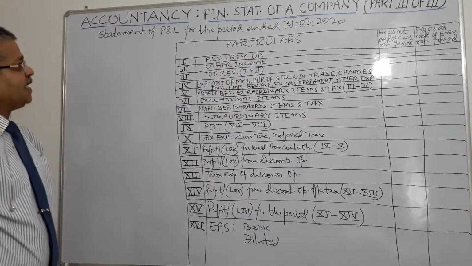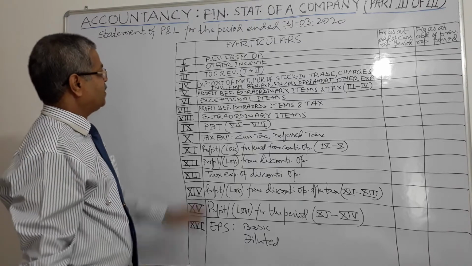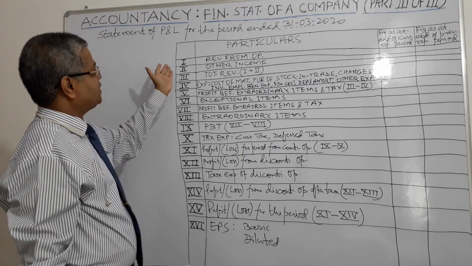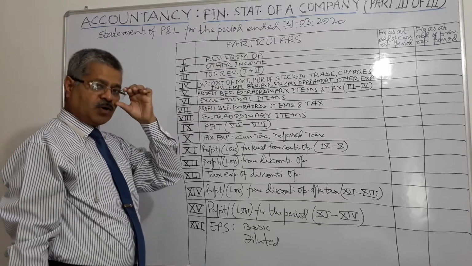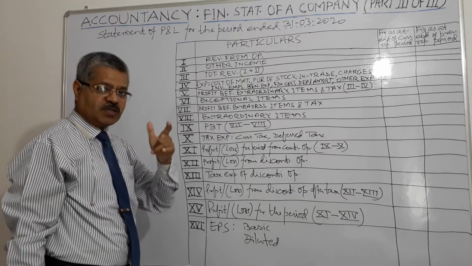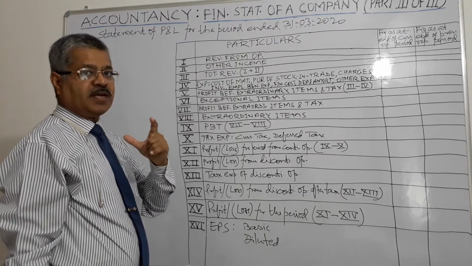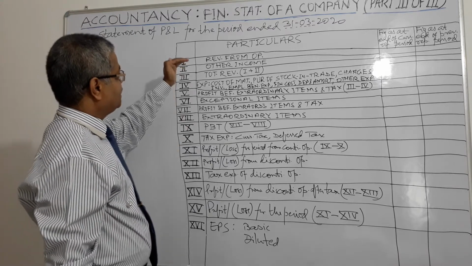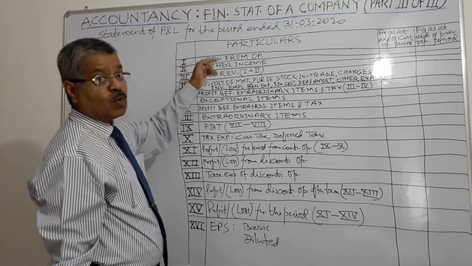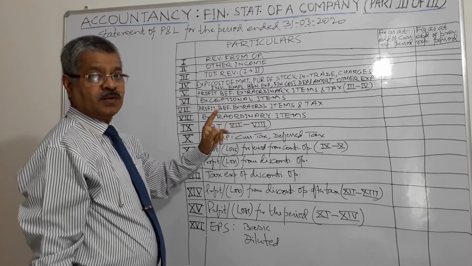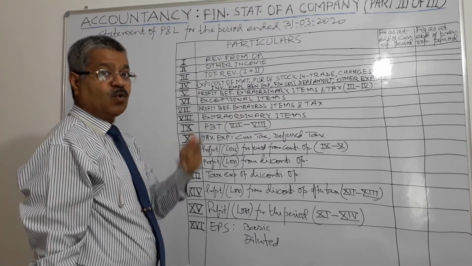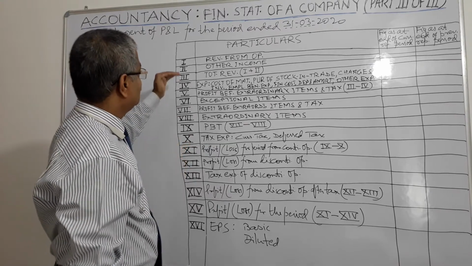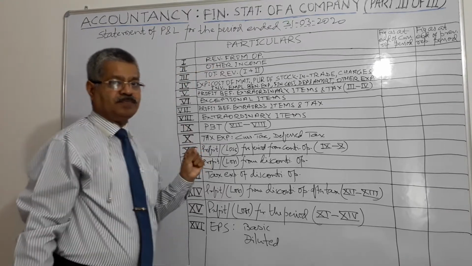We start with the items of P&L, particulars. First is revenue from operations. You must be careful about the words. Whatever terminology is being used, you must be careful, mindful. Revenue from operations, from the operating activities of the company, main operating activities. 2 is other income.